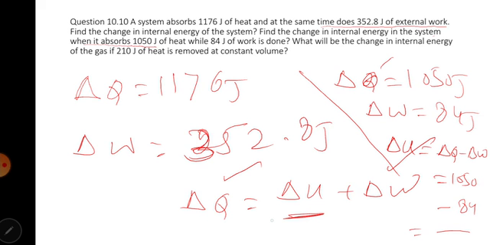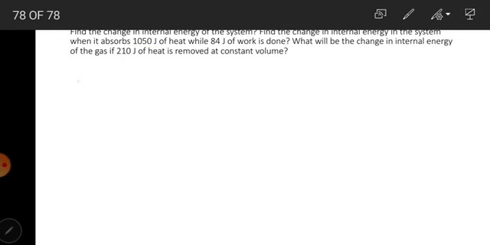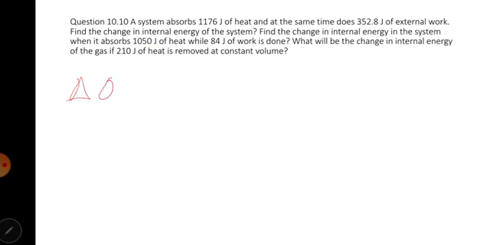Now next is 966. Now of the gas, if 210 joule of heat is removed at constant volume. Now how much heat is removed? Remember the data. Del Q is equal to minus 210 joule of heat removed at constant volume.